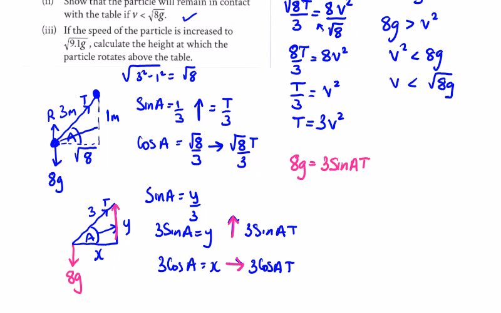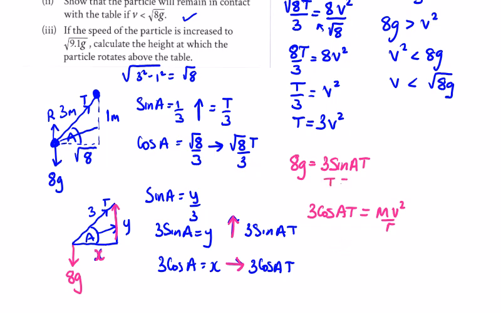In this direction, 3 cos A times t is going to be equal to my mv squared over r, and r is x, which is 3 cos A. So actually I'll get t in both.